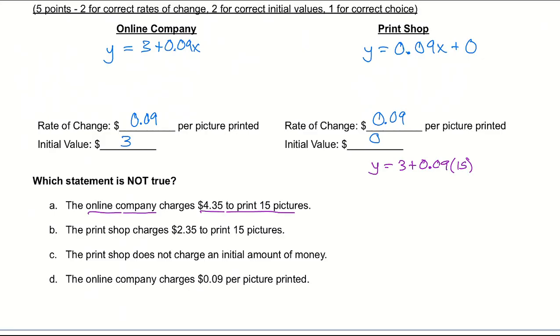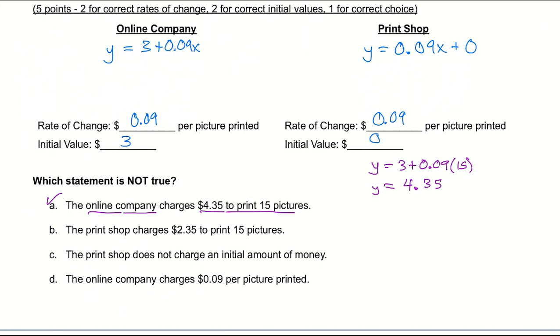That's going to go into my calculator. And I got that y to be $4.35. So, which statement is not true? This one is true, so it's not going to be that.